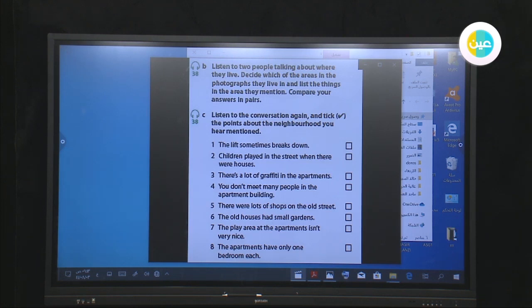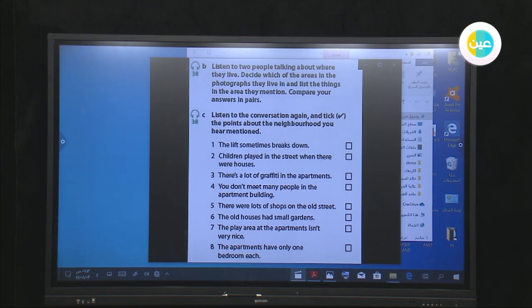I know what you mean. I've lived in my apartment 3 years, and I've only met 2 people. I used to see my neighbors almost every day. The kids would always play in the street, except in winter. Really? Well, we have the play area, but it's not a very pleasant place for the kids to play. You're so right. The apartments are very functional, but for older people, it's quite lonely sometimes.